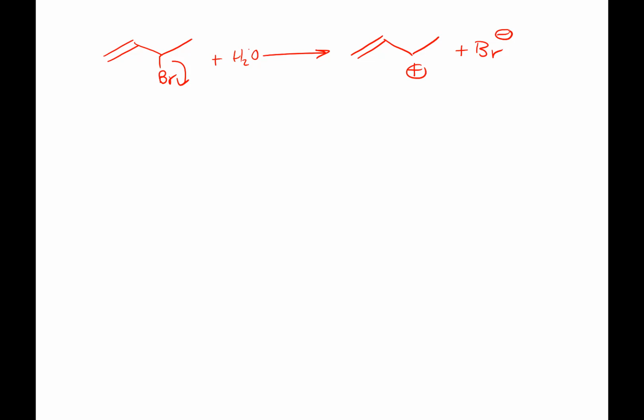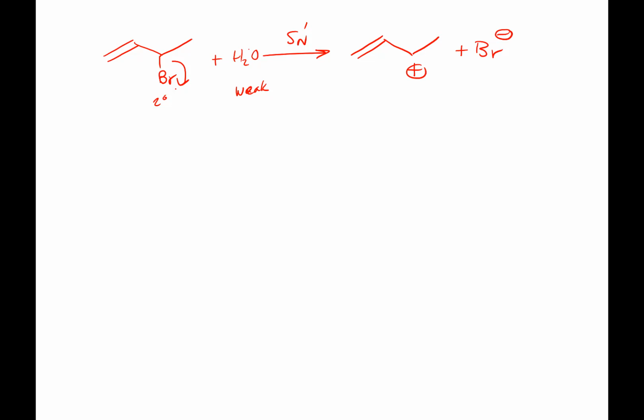Why didn't the water attack? Carolyn? Okay. What makes this reaction SN1 though? It would be a weak nucleophile and a secondary halide. So this is a weak nucleophile plus a secondary halide, so that's going to force the reaction to go SN1. And if it forces it to go SN1, then that means that it's automatically going to lose the halide. Right? The water can only react with the carbocation.